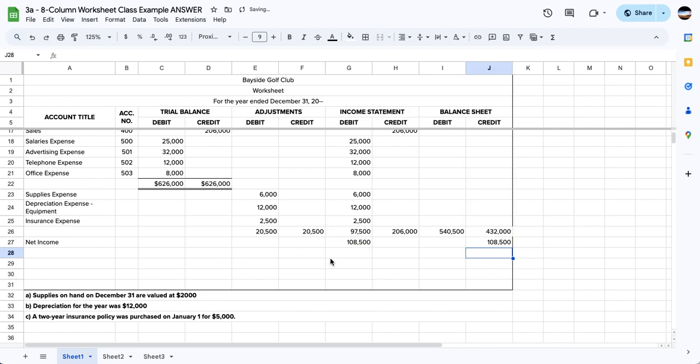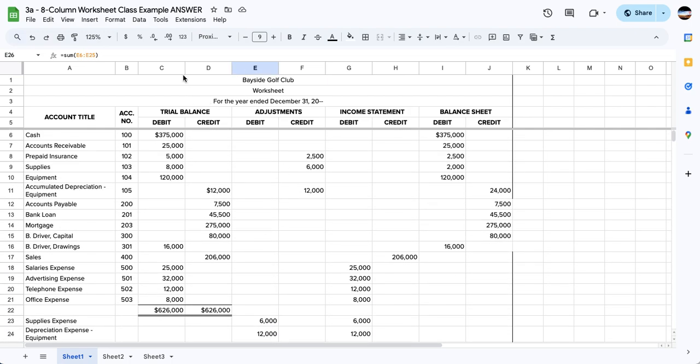And then let's carry down our final balances and see if we did this right. If we did this right, then our left side will equal our right side for both, and it does. Okay, so we have 540,500, 540,500, 206, 206, 20,500, 20,500. Everything balances out. I am pretty happy.